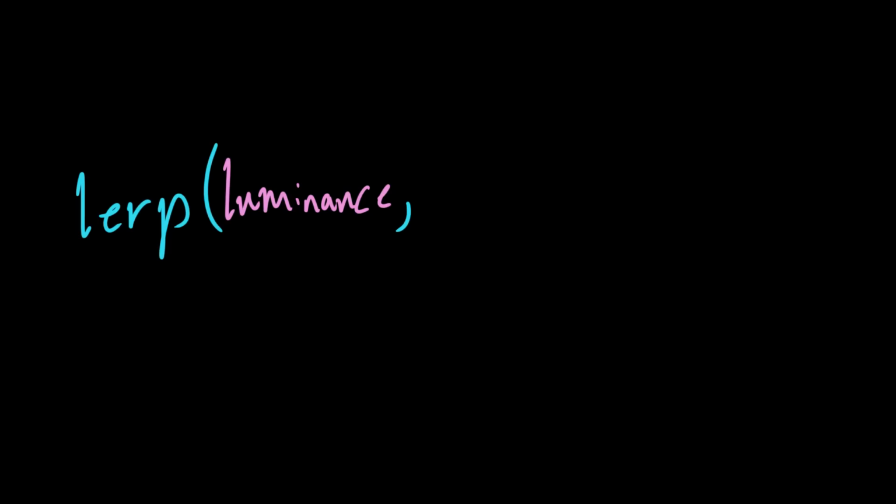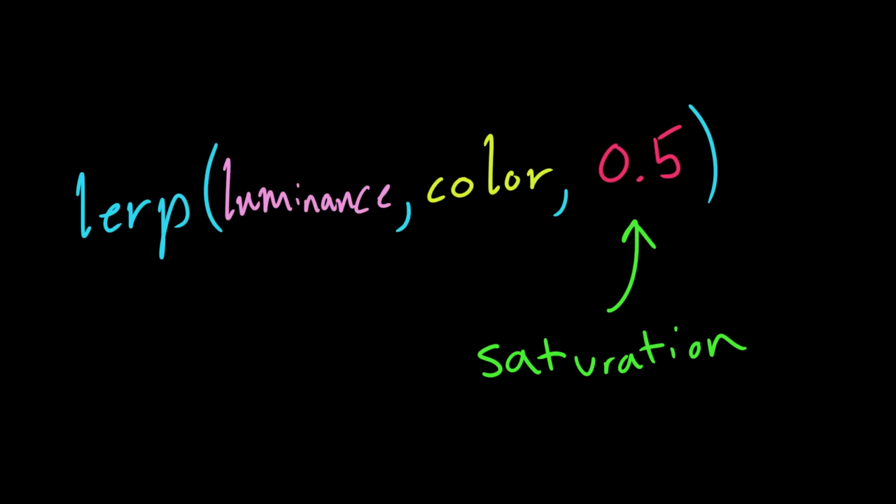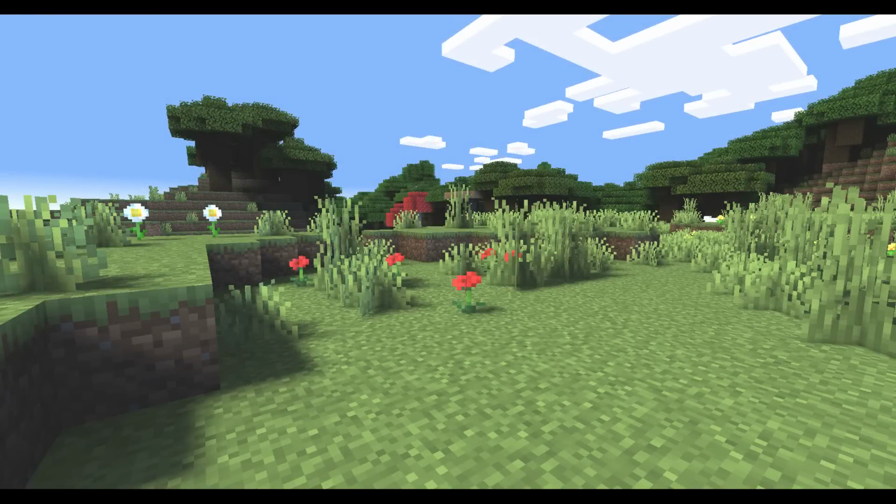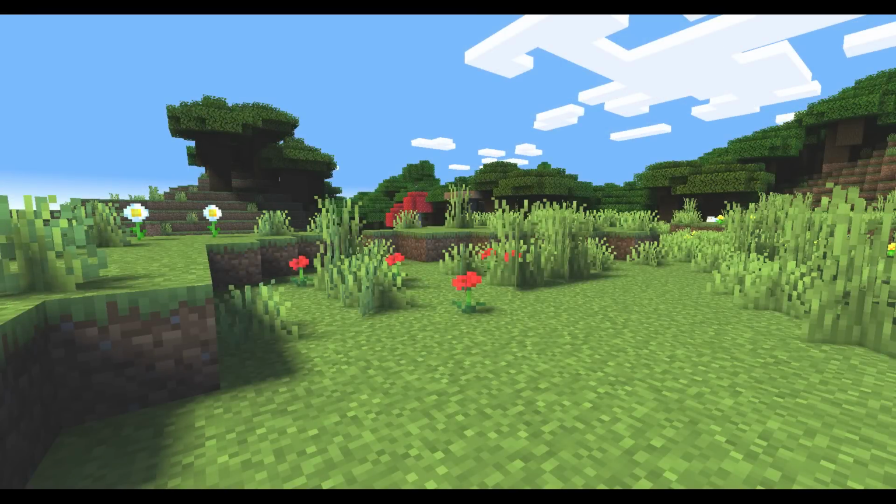By linearly interpolating between the desaturated color and its normal self, we can either lower the saturation or overload the interpolation and see what a more saturated version of the color would look like. Here's what the shaders look like with the saturation included. Usually I desaturate my visuals, but I'm trying something new here and actually increasing the saturation.